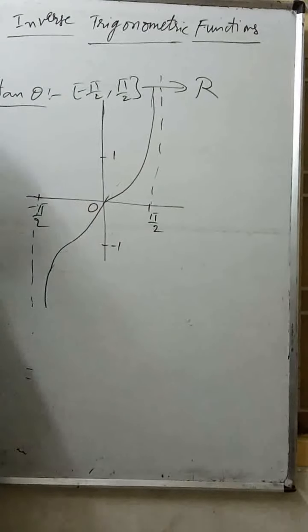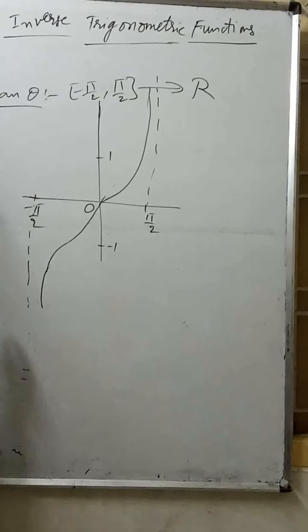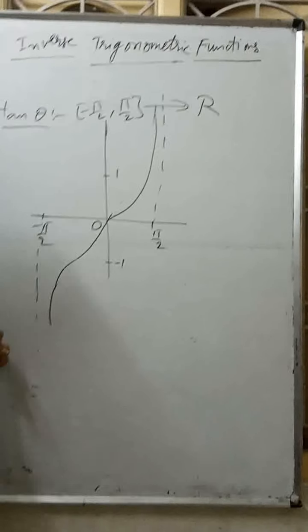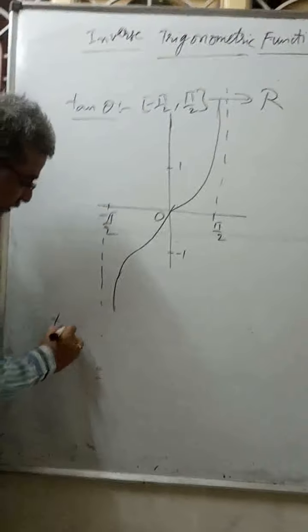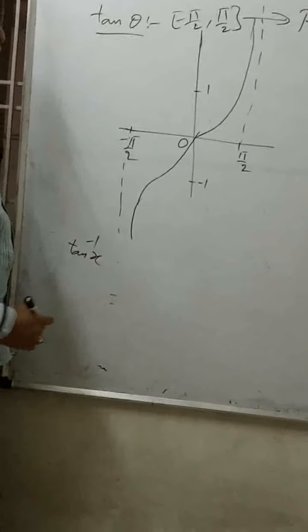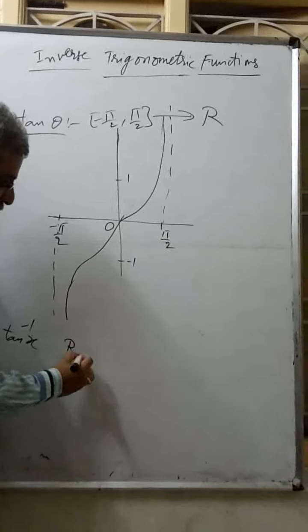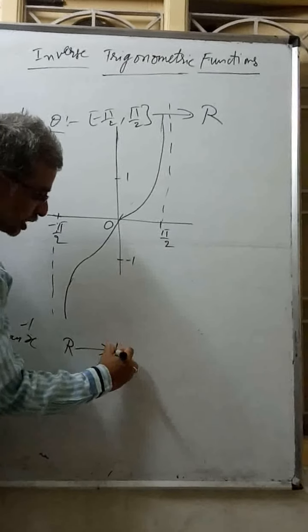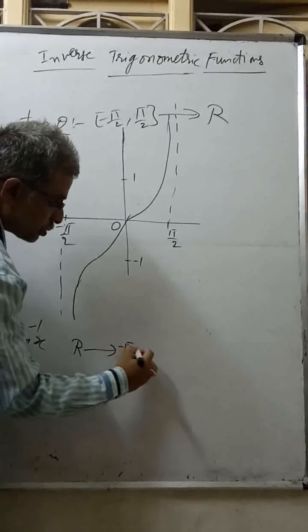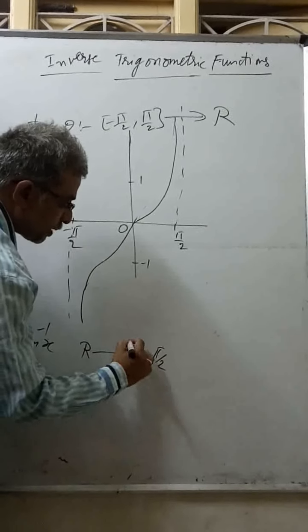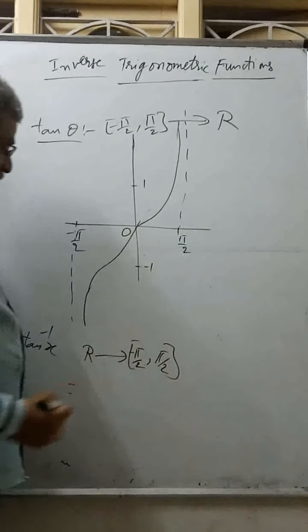Wherever you draw, it is one-one and onto. So if you go for the inverse of this, tan inverse x, where x lies in R, the range is minus pi by 2 to plus pi by 2, and the domain is R.